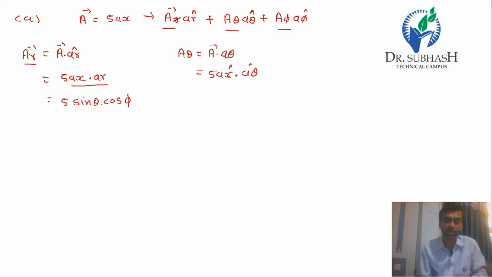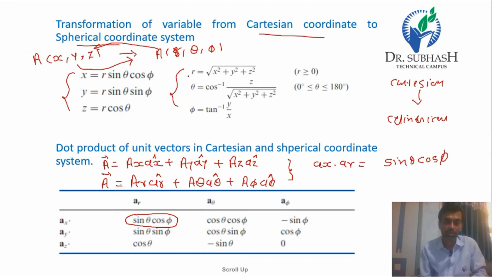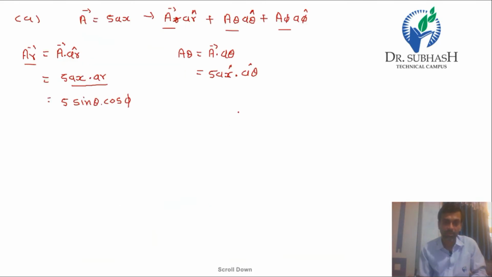Again we use the transformation table. So Ax dot A theta gives cos theta cos phi.